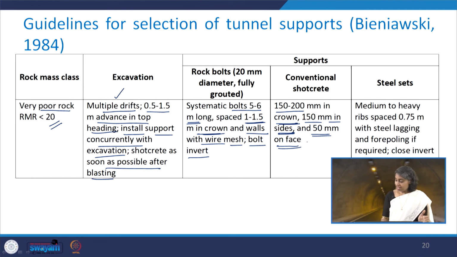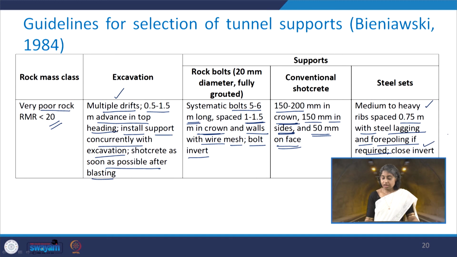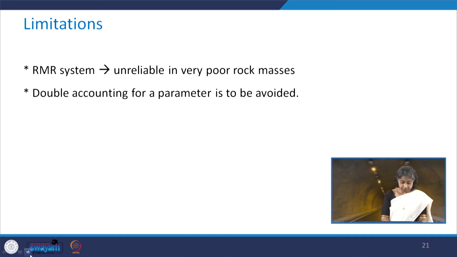As far as the steel sets are concerned, one needs to go for medium to heavy ribs which are spaced 0.75 meter with steel lagging and forepoling if it is required, and you need to go for the close invert.